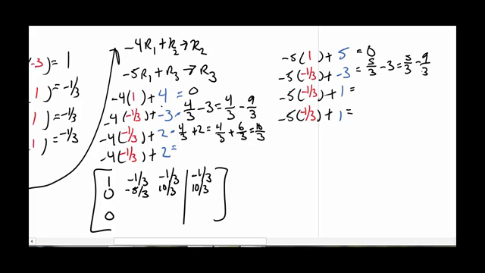So 5 thirds minus 9 thirds is negative 4 thirds. All right, luckily we have the same problem for these last two. So that would be 5 thirds plus 1, so 5 thirds plus 3 thirds, which gives us 8 thirds for the last two.